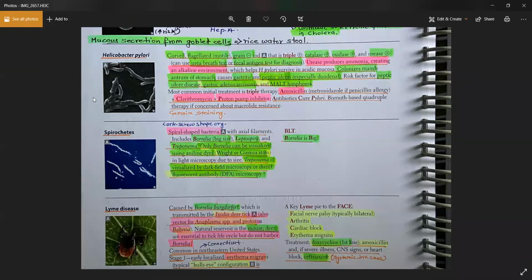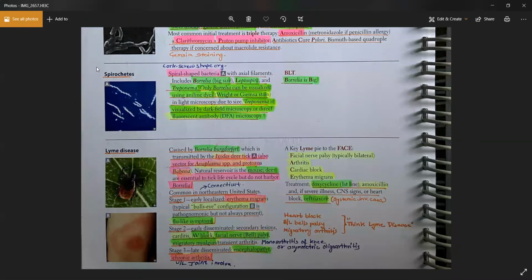Then come the spirochetes, and I've told you one fact about them, that they do not show any gram staining because they are very thin to identify. It includes three bacteria: Borrelia, Leptospira, and Treponema. They all have a corkscrew-shaped appearance, very important.